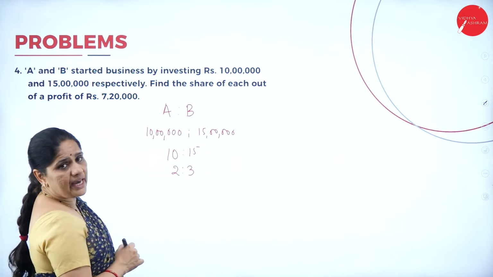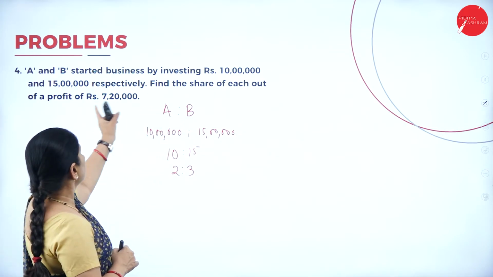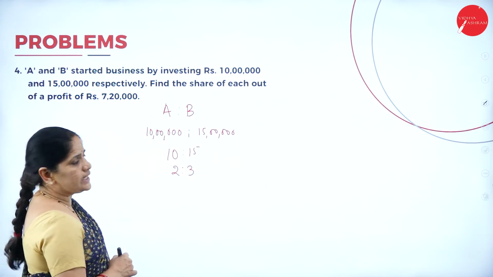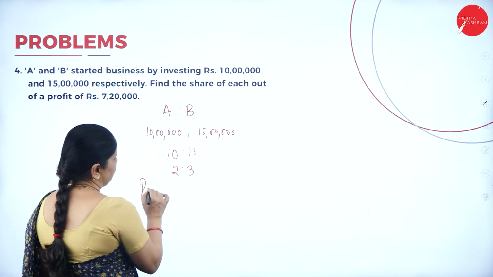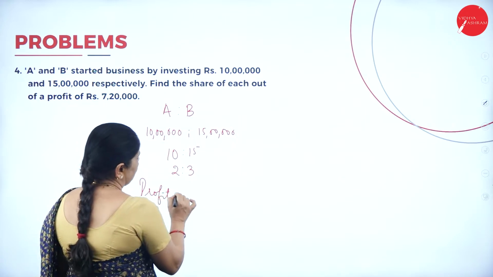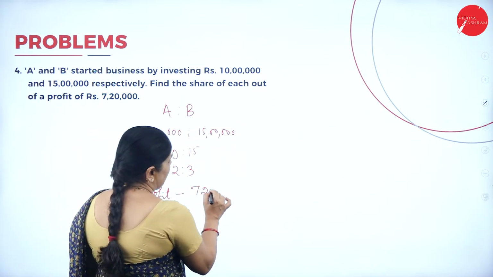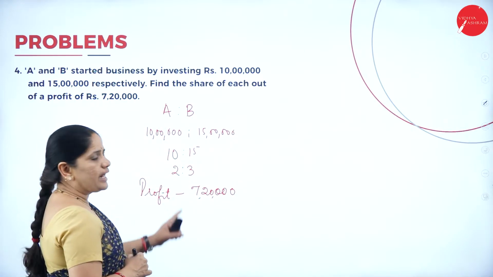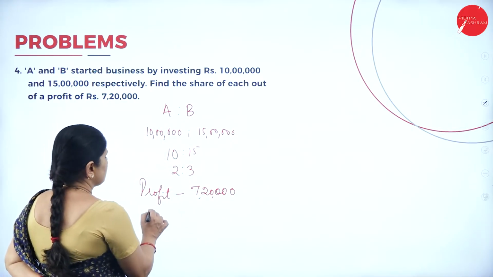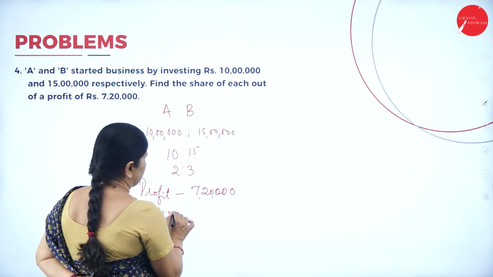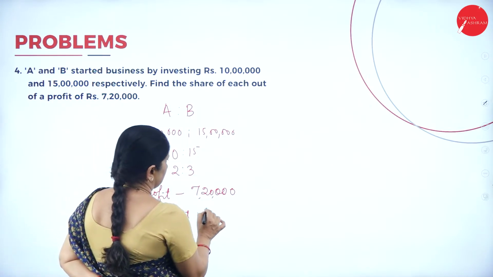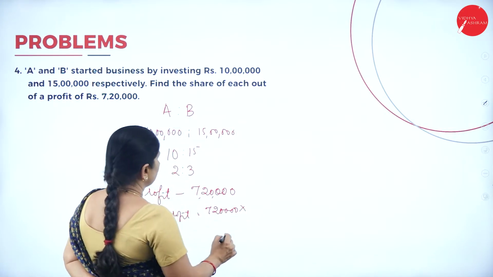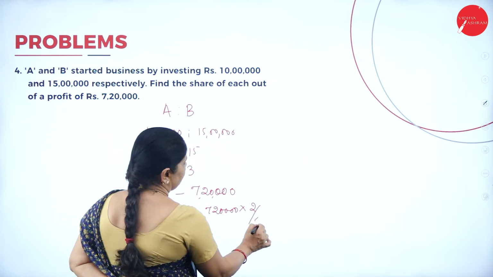Now we have to find the share of profit of each of them for a profit of 7,20,000. Now I have to find the profit of A. So A's profit equals 7,20,000 into 2 by 5.